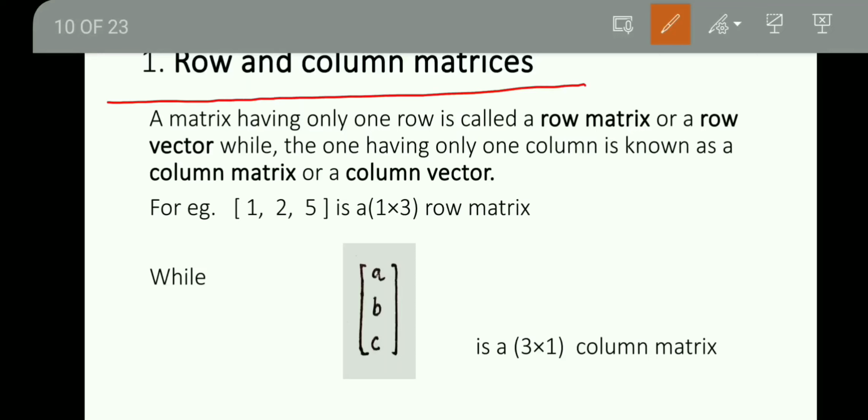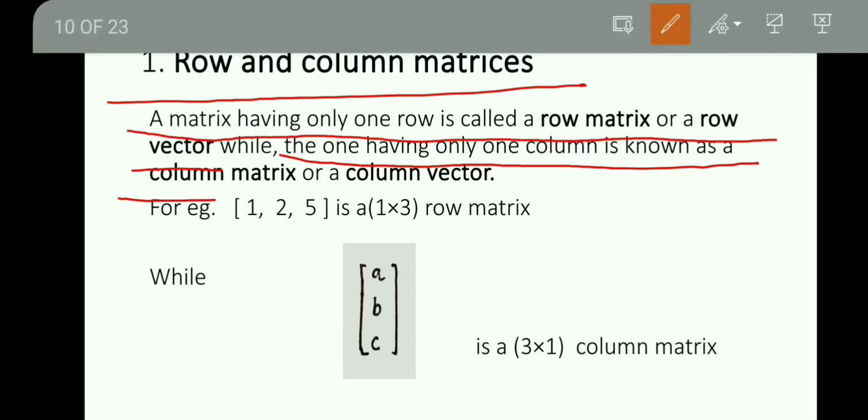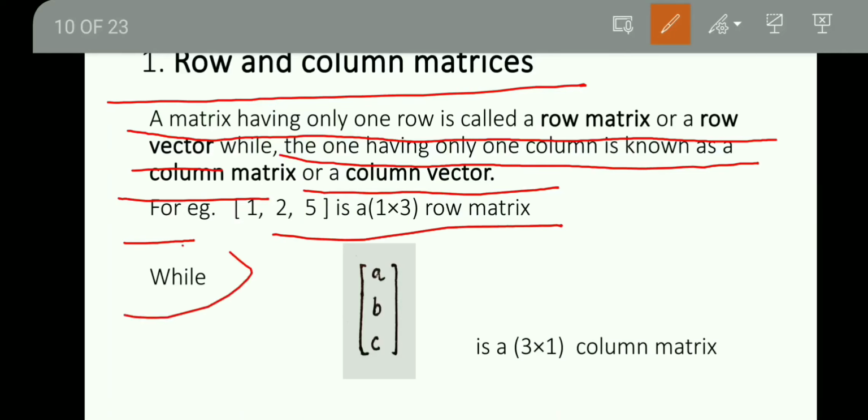Row and column matrix: a matrix having only one row is called a row matrix or row vector. The one having only one column is known as a column matrix or column vector. For example, 1, 2, 5 is a 1 by 3 row matrix. And A, B, C is called a 3 by 1 column matrix.